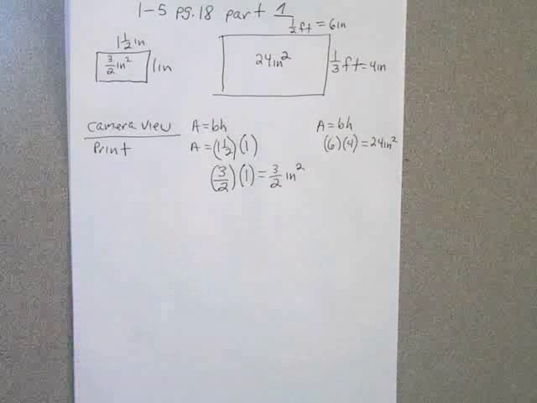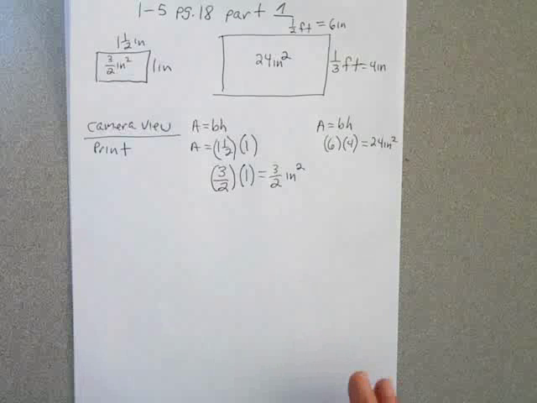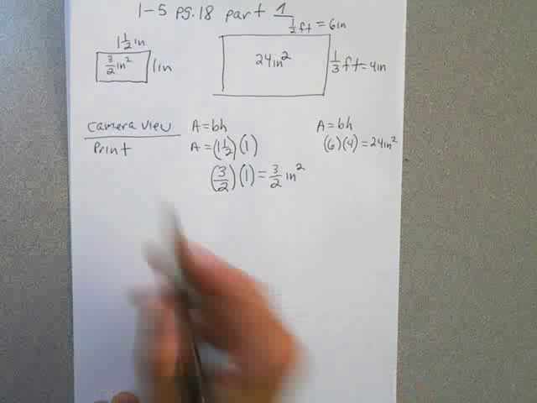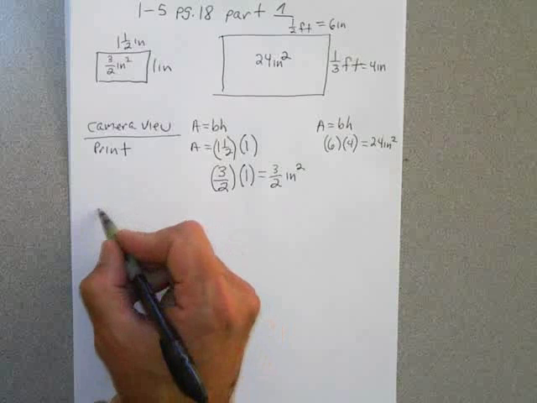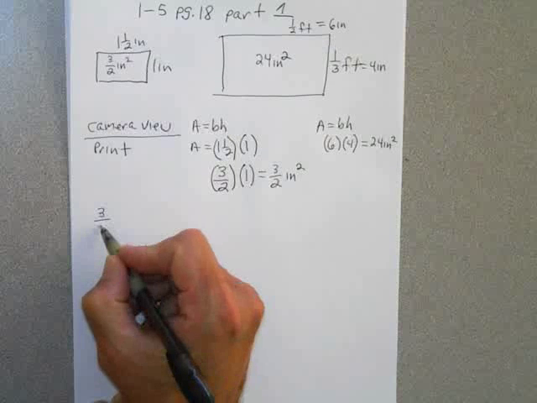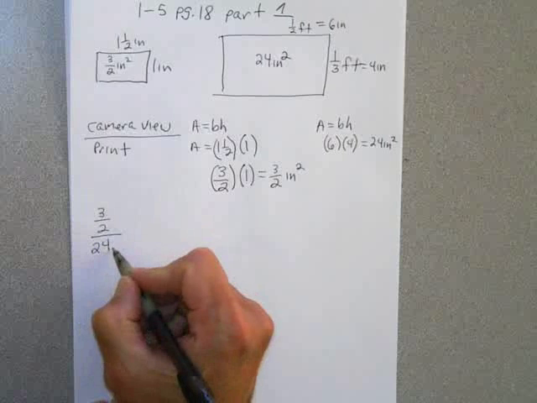Okay, now what I need to do is compare the area of both of these. In order to do that, I'm going to set up a ratio, the camera to the print, which in this case would be 3/2 inches to 24 inches.